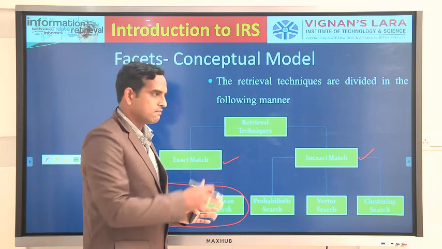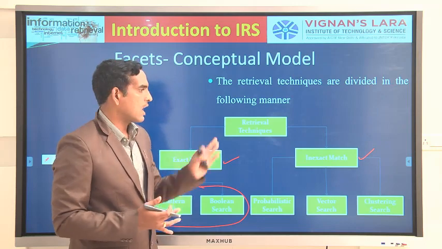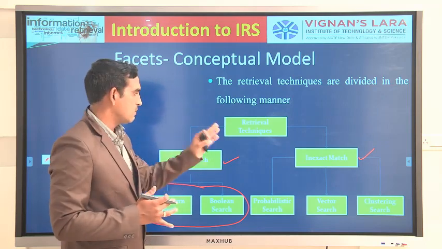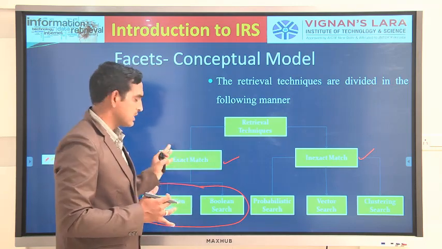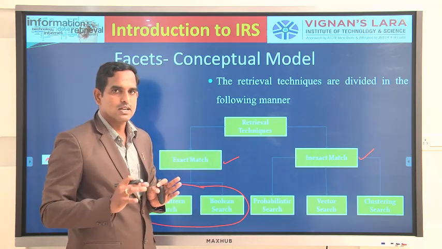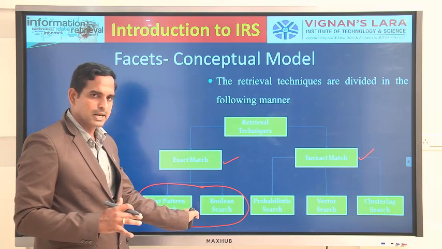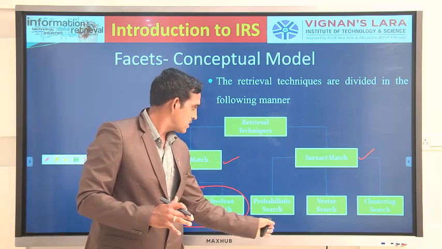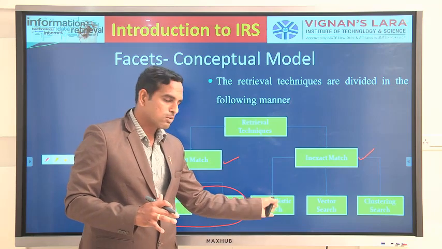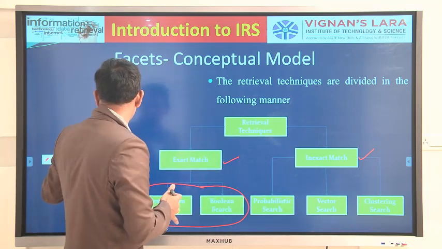So basically remember that all the retrieval techniques will be divided into 2 types. One is exact match search, another one is the inexact match search techniques. Exact match searching techniques will be Boolean and text pattern search, and inexact match search would be probabilistic search, vector search, and clustering search. So we'll be looking at them one by one.